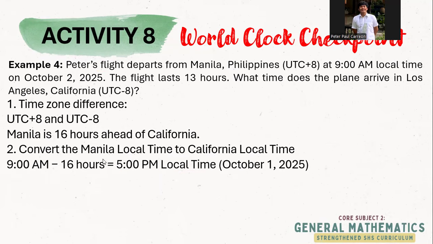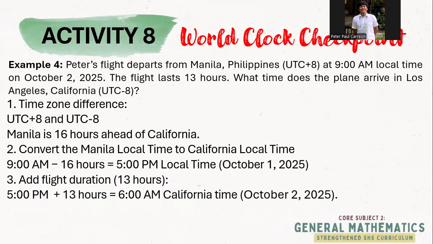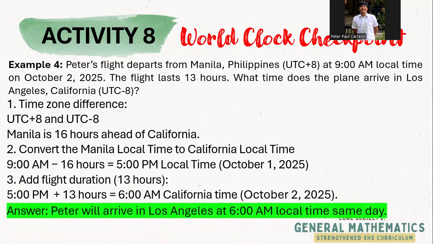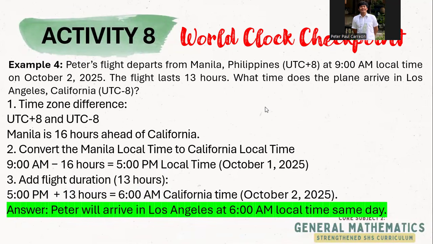Now, we add the time of flight. Since it is 5 p.m. there, we add 13 hours, which is the flight duration. So this means that Peter will arrive in Los Angeles at 6 a.m. local time the same day. This is very confusing because you depart in the Philippines October 2, but you arrive in Los Angeles the same day, which is also October 2.